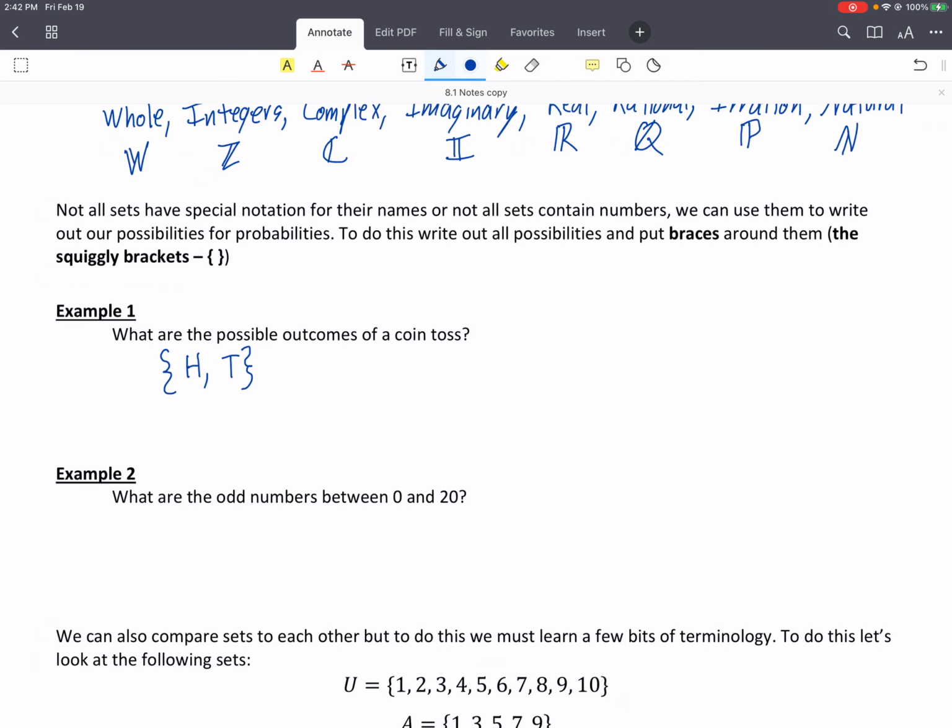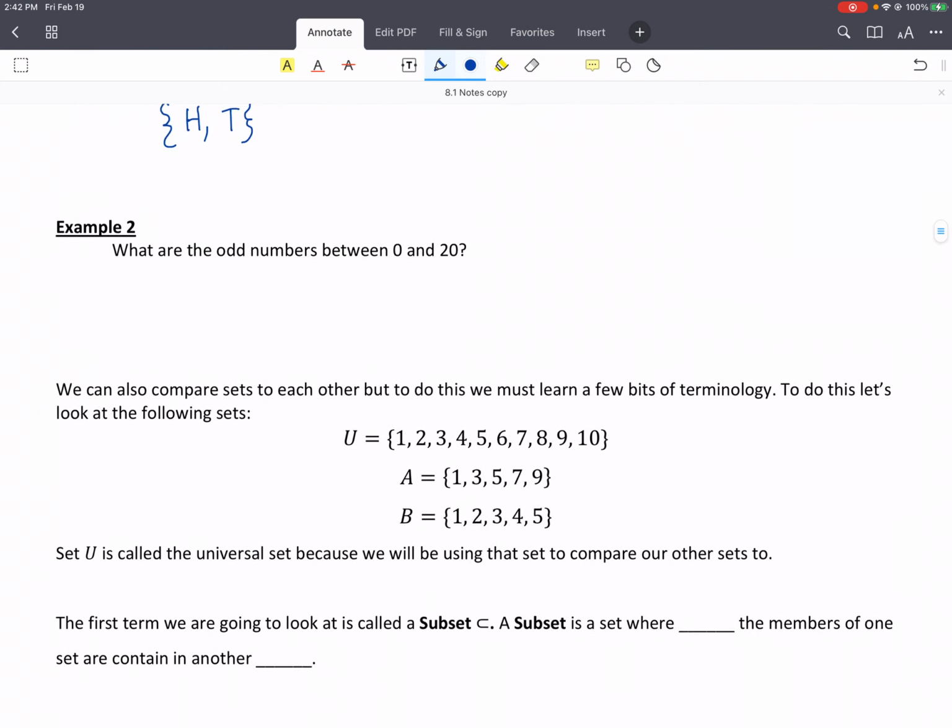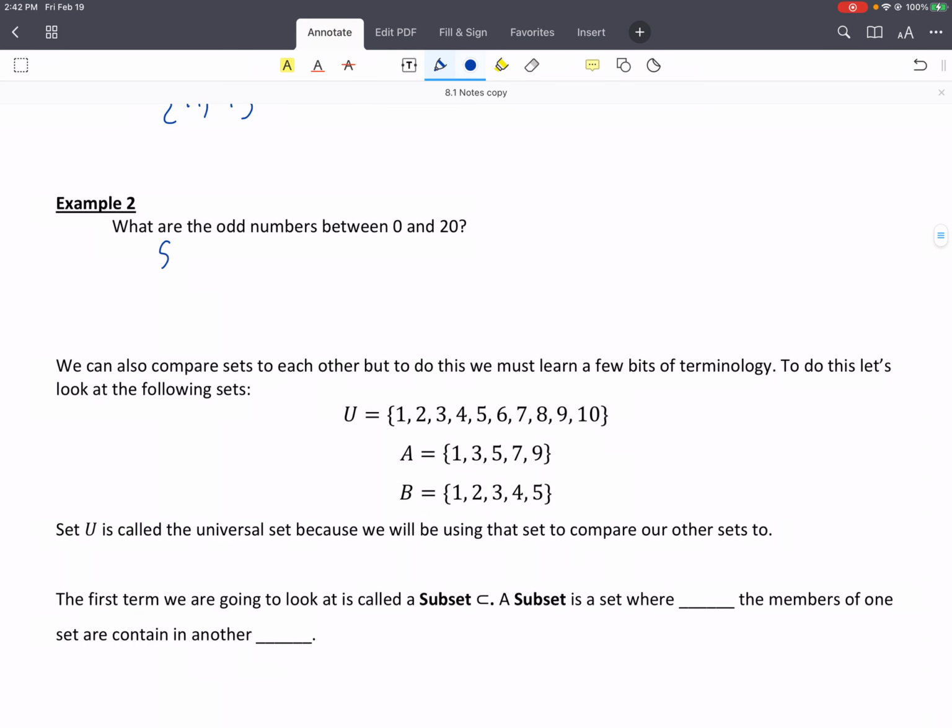If we were to keep going, what are the odd numbers between 0 and 20? We'd have our set, and then we'd go all the odd numbers. So we'd have 1, 3, 5, 7, 9, 11, 13, 15, 17, 19, and then we'd end it.